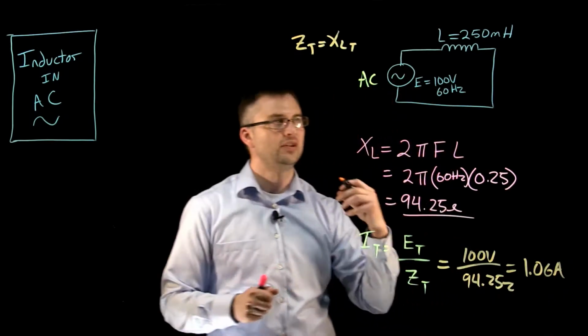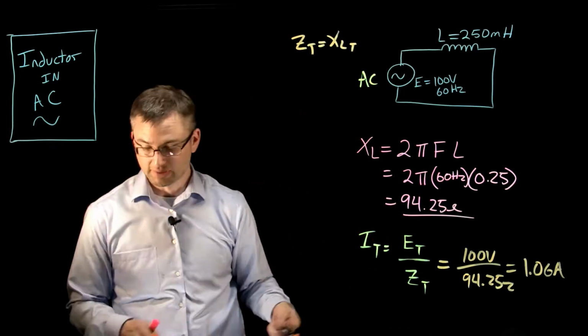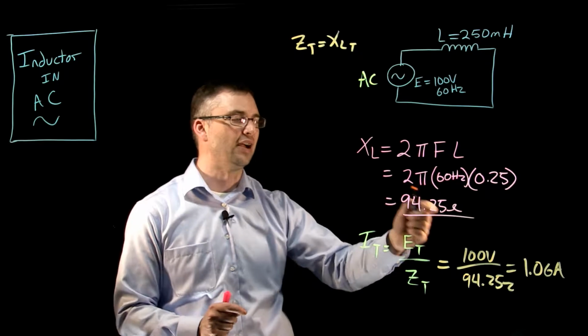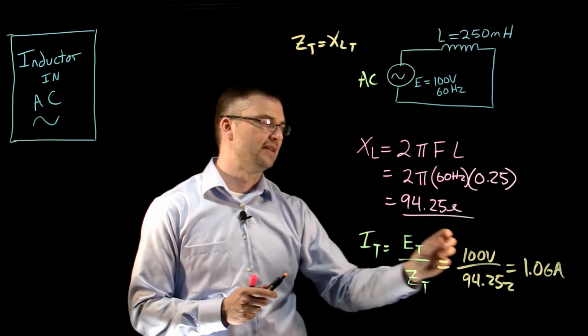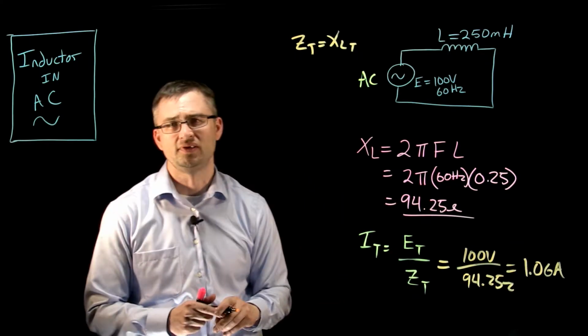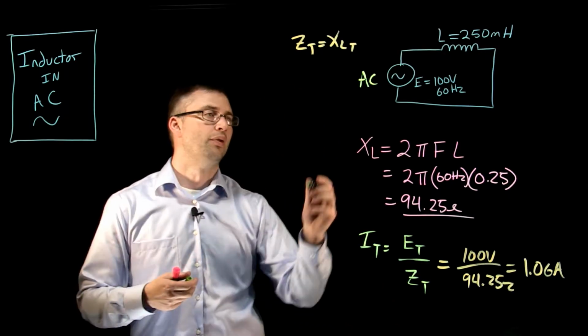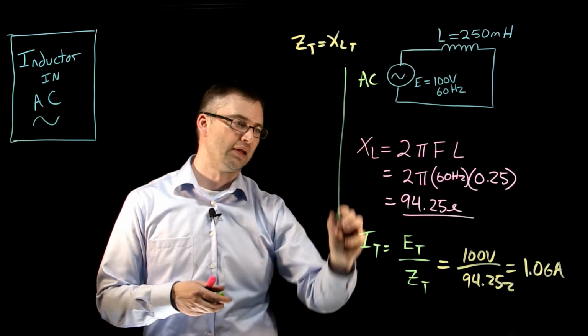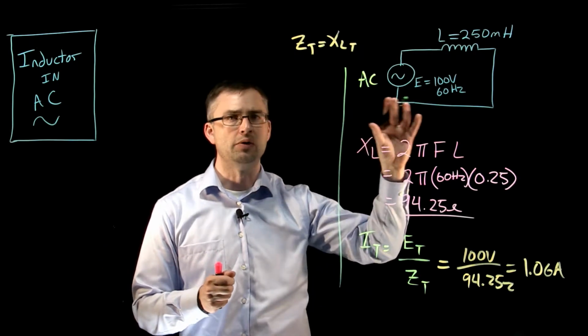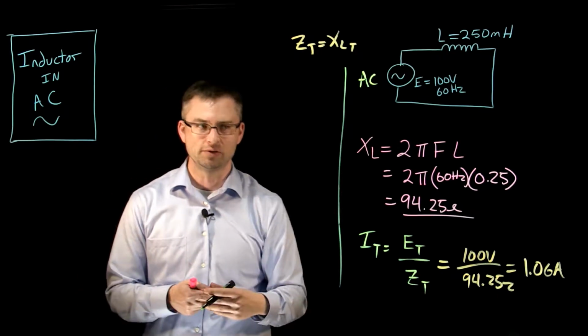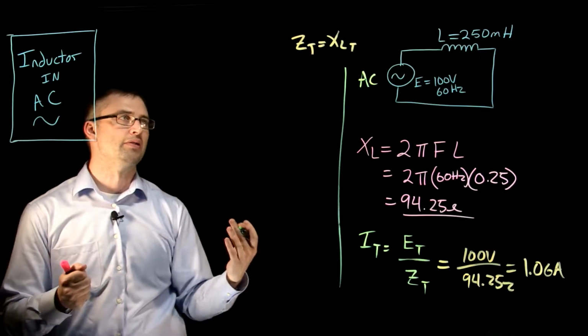So even in a circuit with theoretically no resistance at all, in AC, if there's an inductor, we still have a current limiting effect known as XL, and it has reduced us to 1.06 amps. So it's a very substantial effect. Okay, so the next thing we want to do is just figure out what is the power in this circuit. We're not going to have watts because we don't have any resistive load, but we do have another form of power known as quadrature power.